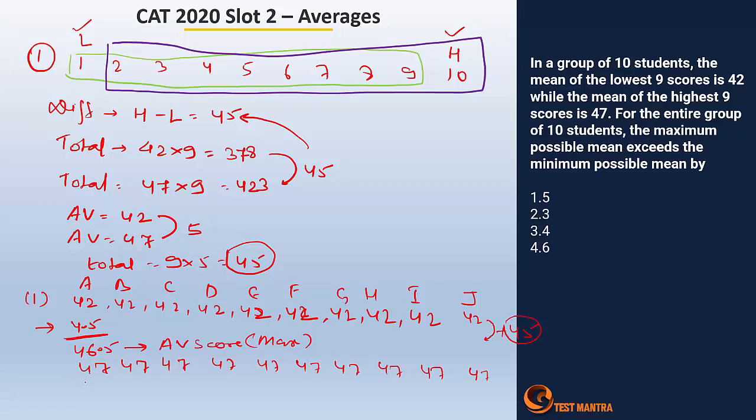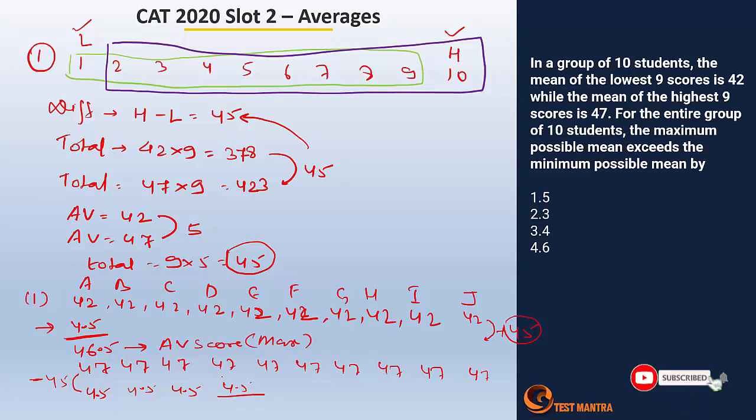But I know that the difference between the lowest score and the highest score is 45. So this is supposed to be how much? 45 lesser than this figure. If it's 45 lesser than this figure, so I have to distribute this 45 in 10 equal parts. So I should have given 4.5, also I should have taken out 4.5 from each and every score, as we have done in the previous case. Suppose I am taking 4.5 here, so 47 minus 4.5 will be how much?